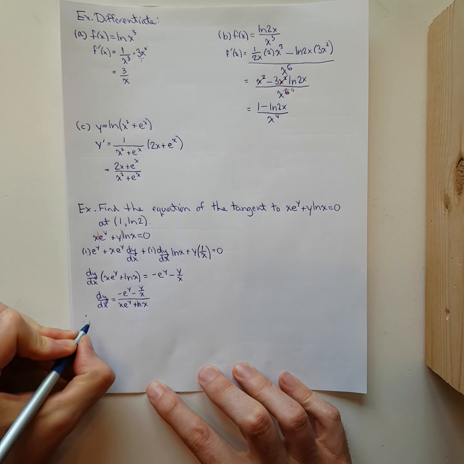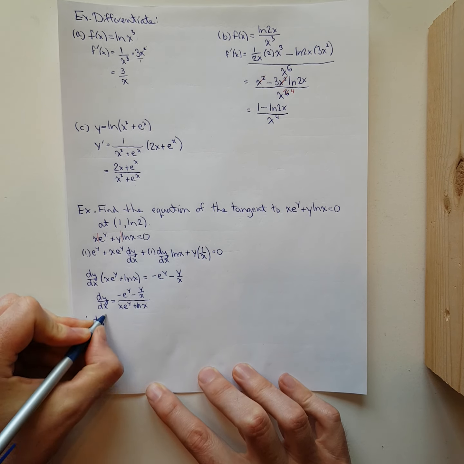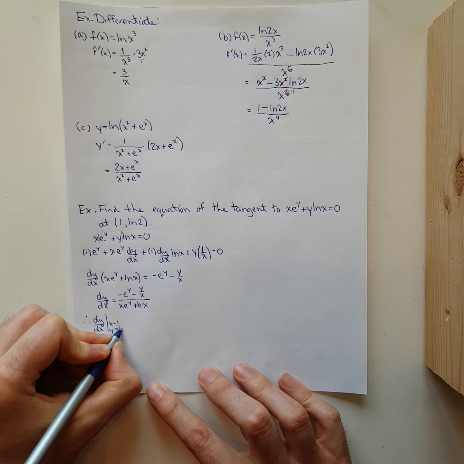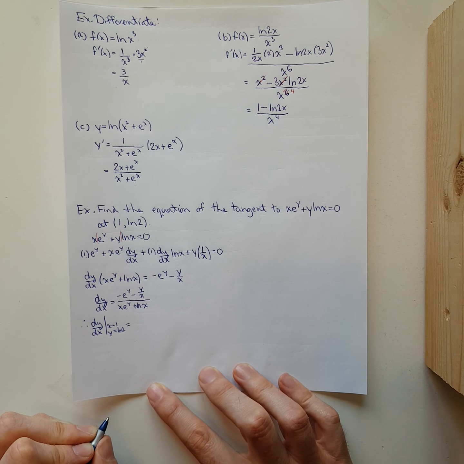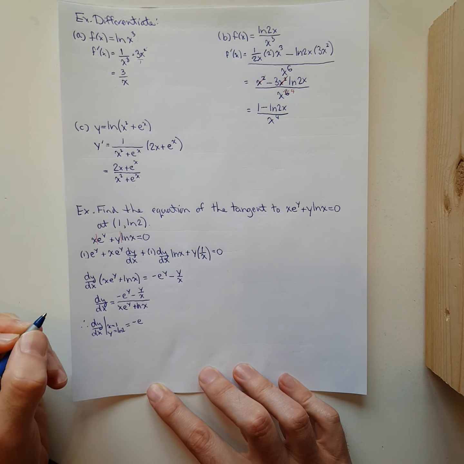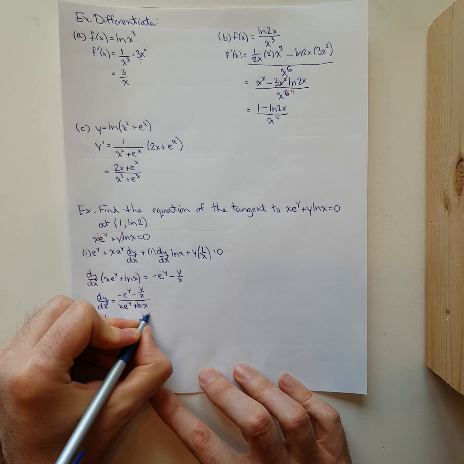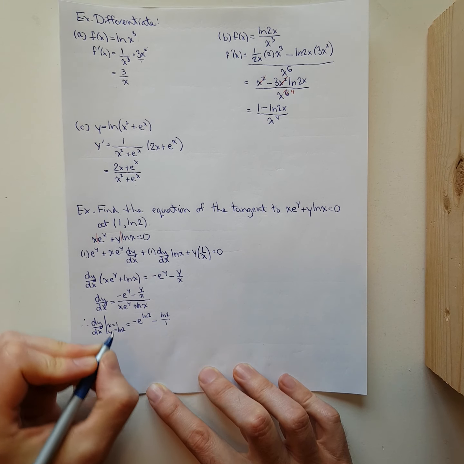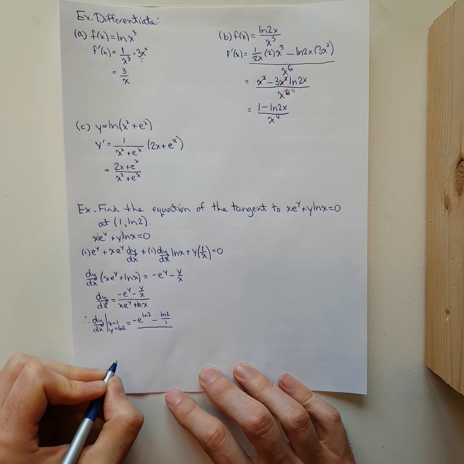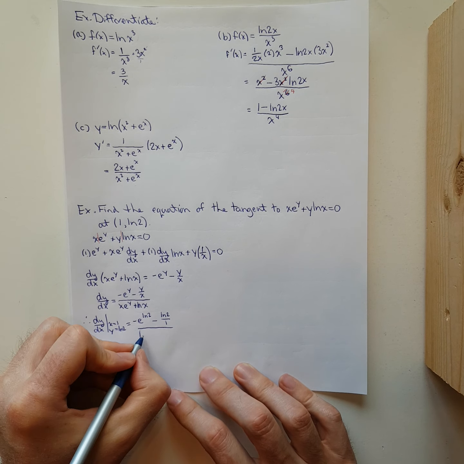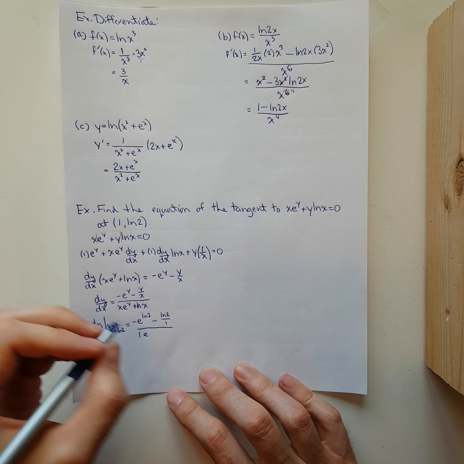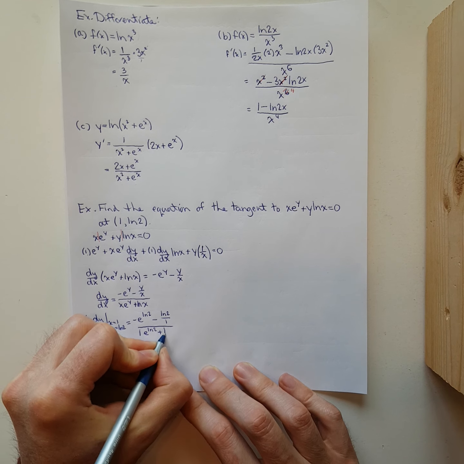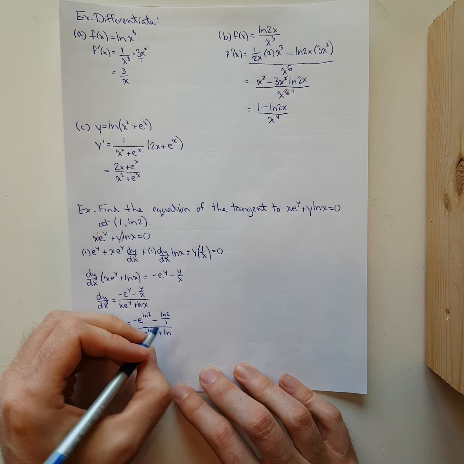So I'm going to say, therefore, dy by dx at x equals 1, y equals ln 2 would equal negative e to the exponent ln 2 minus ln 2 over 1, all over 1 times e to the exponent ln 2 plus ln of 1.